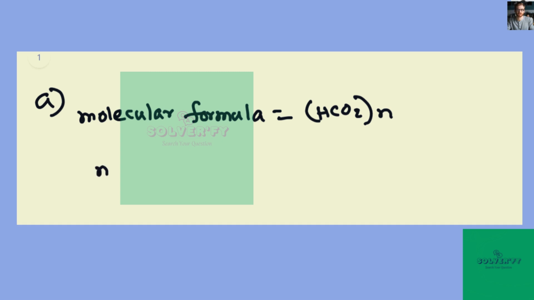So the N here is the molar mass of the compound over the empirical formula mass.